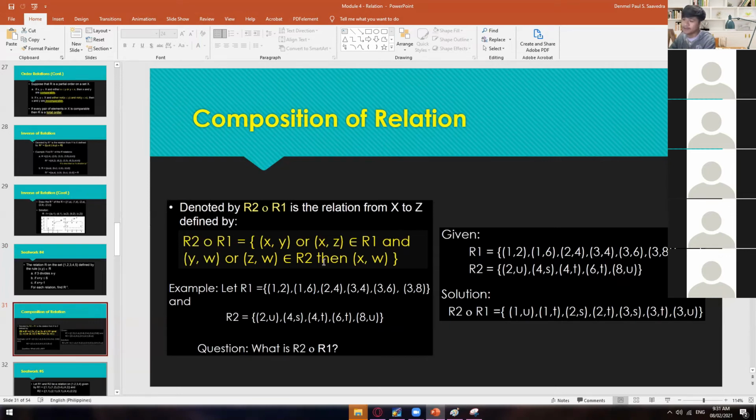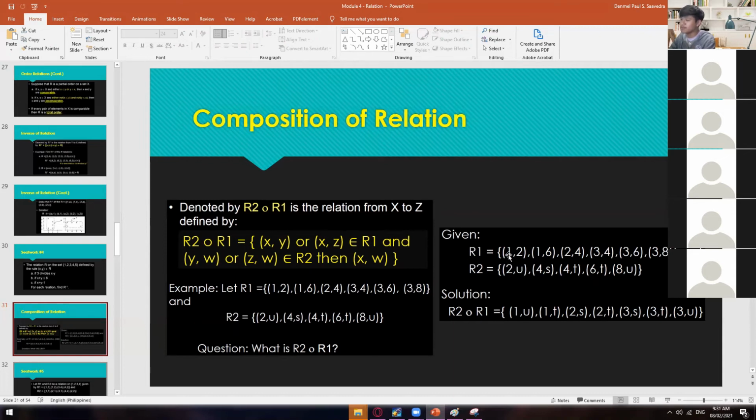Then you should arrive at (x, w). All right, so let's have this example. We have R1 and then R2. The question here is, what is R2 ∘ R1? Just simply apply this formula and you will get this answer.